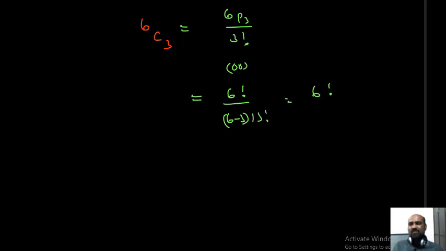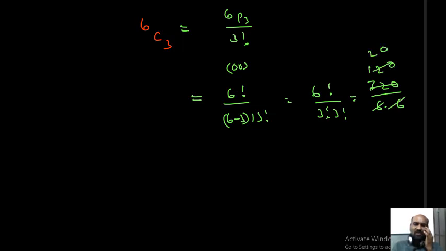That is 6C3. It equals 6P3 by 3 factorial, or 6 factorial by 6 minus 3 factorial into 3 factorial, which is 6 factorial by 3 factorial into 3 factorial, which is 720 by 6 into 6. The value of 6C3 is 20.